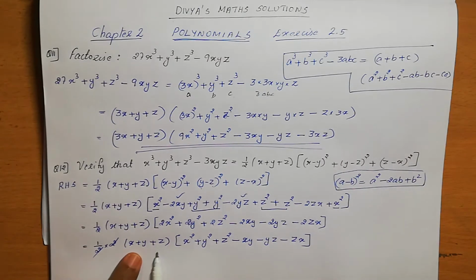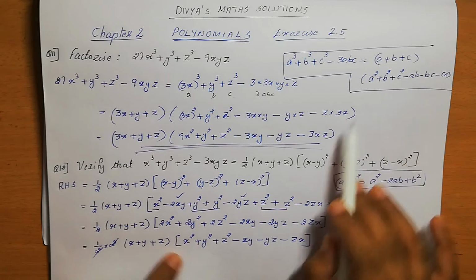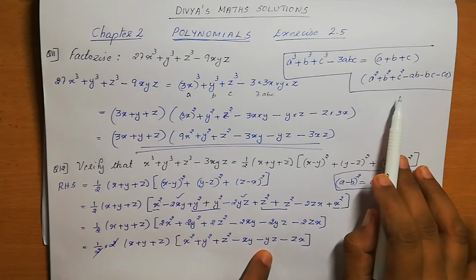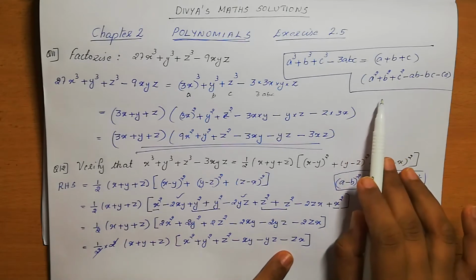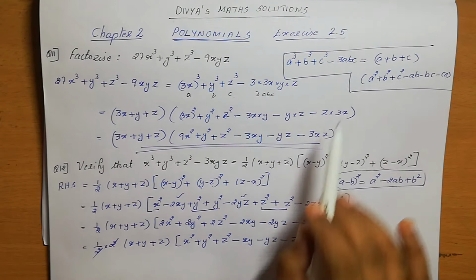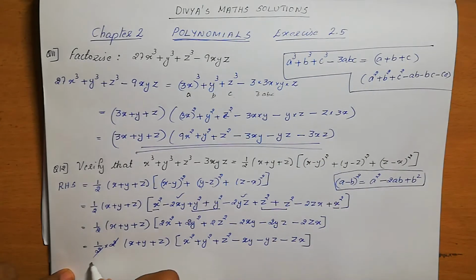Otherwise, see, this is in the form of a plus b plus c into a square plus b square plus c square minus ab minus bc minus ca. So what is the answer of this one? The answer is a cube plus b cube plus c cube minus 3abc, right? Using this identity directly we can write the answer, here a, b, c are x, y, z.